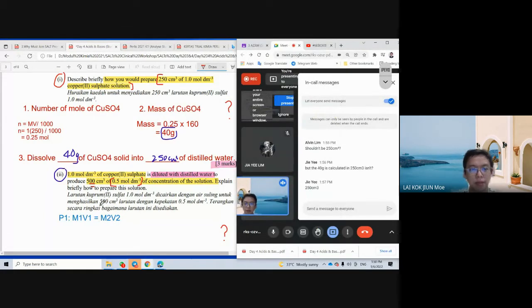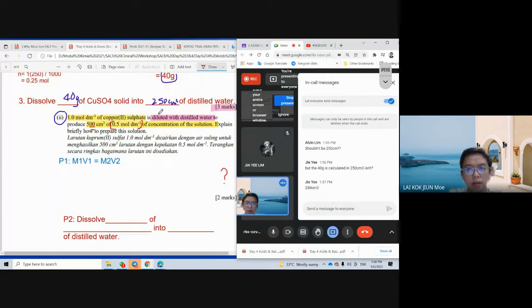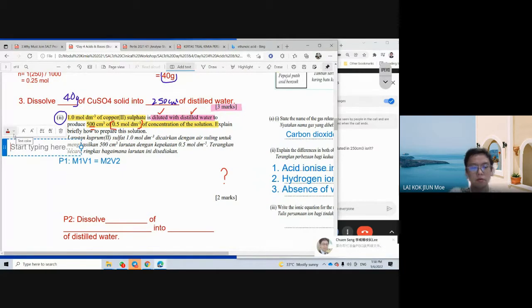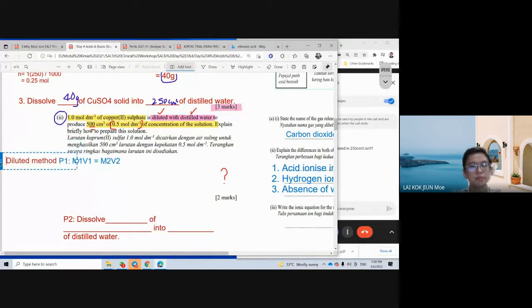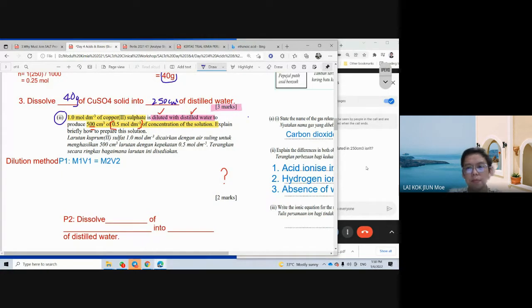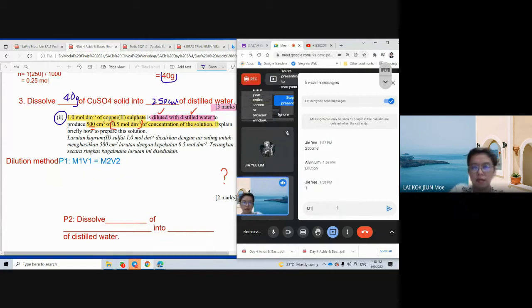So how you're going to prepare it? Remember, when you see the keyword diluted, this is the process we are using, the dilution method. So remember, when got distilled water, that is the dilution method. So M1V1 equals M2V2. So JE, continue the step. What is your M1? Your molarity 1 is the before. Good.